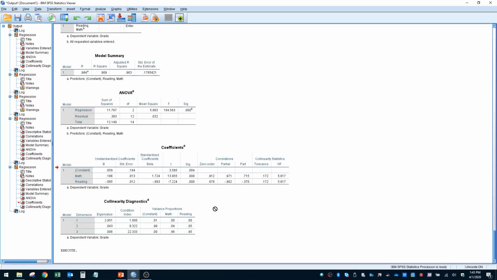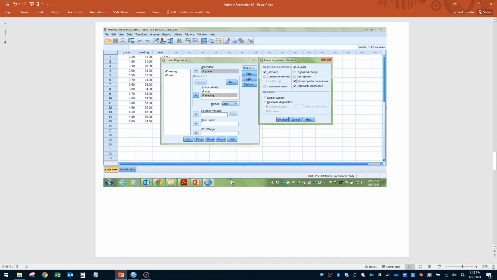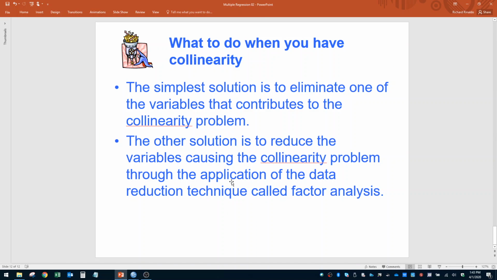Basically, math and reading are fighting with each other to predict grade, and there's no real winner here. So what do I do with it? The simplest solution is to eliminate one of the variables, whichever is the best idea. The other solution is to run factor analysis.